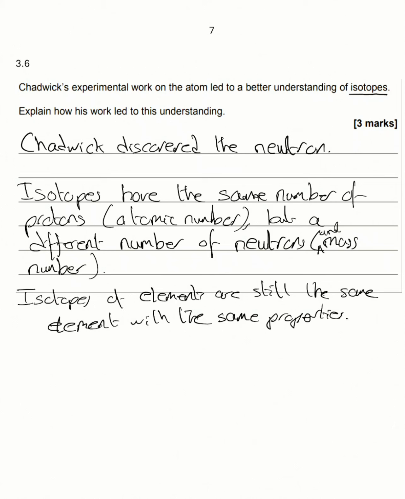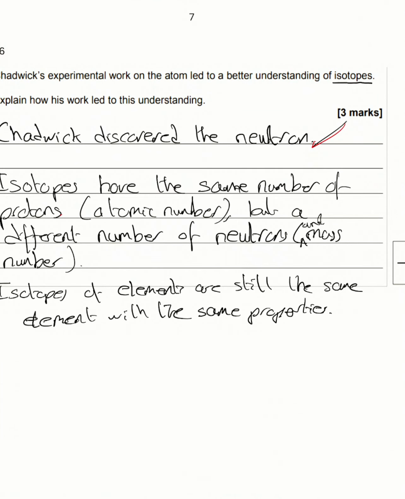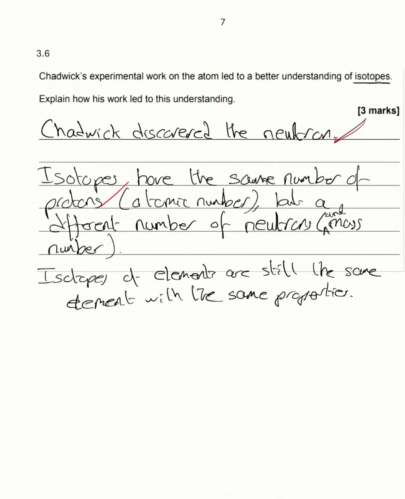But you've already got the marks there, from 1 mark for Chadwick, 1 mark for saying that the isotopes have the same number of protons, and 1 mark for saying that they have different number of neutrons. 3 marks.